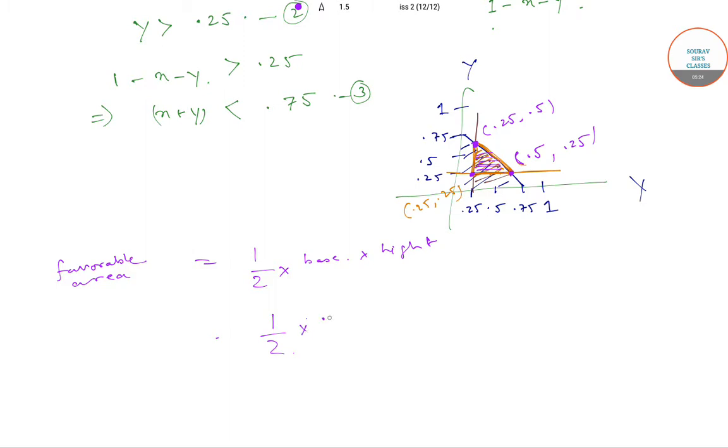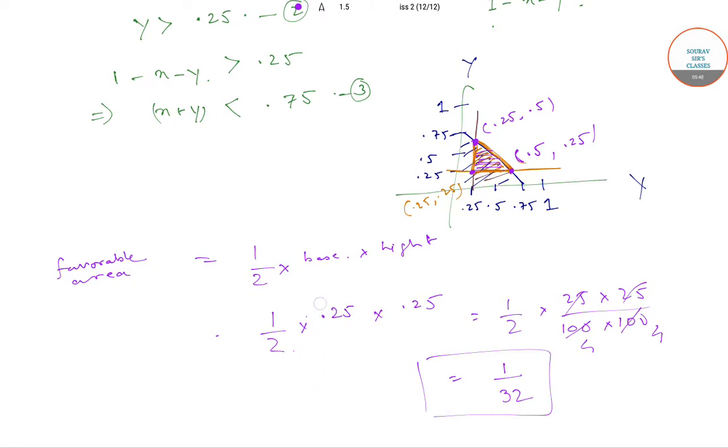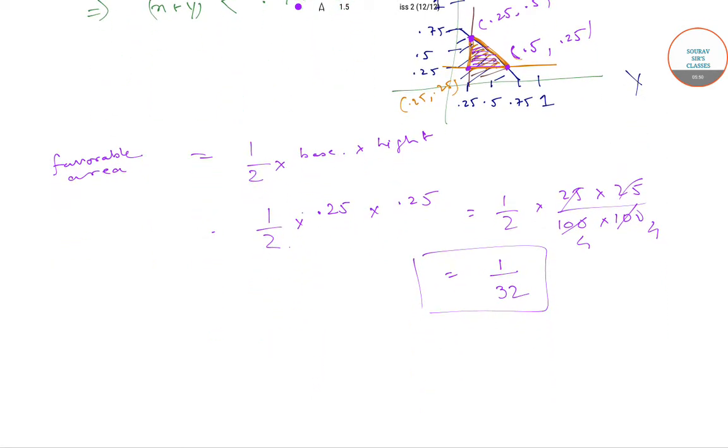So base is 0.25 and height is also 0.25. So this is equal to half into 25 by 100 into 25 by 100. So this is equal to 1 by 32. So the favorable area is equal to 1 by 32. Next we would find the total area.